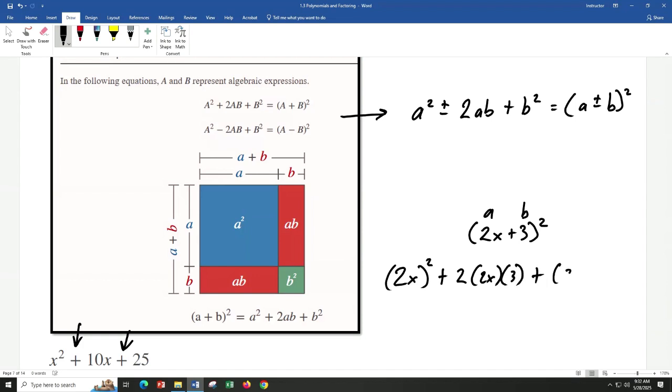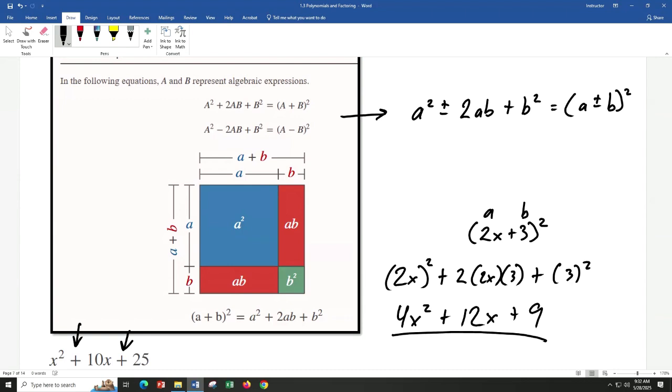Plus my b is just going to be 3 squared. So doesn't this just turn into 4x squared? Well, 2 times 2 is 4. 4 times 3 is 12x plus 9. It works both ways.